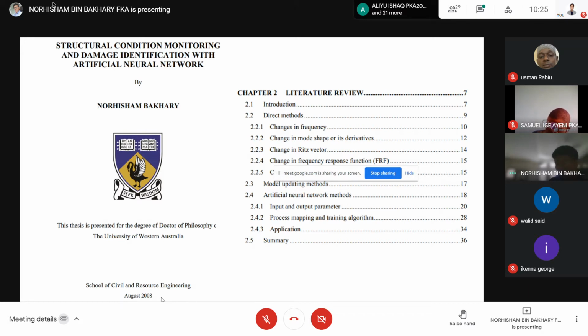Some students always want a simple topic, but the simplest topics nowadays are not valuable in universities. Some universities, when they see a PhD topic, don't want it because they already have experts in their university. For example, in UTM, if candidates come with a PhD topic in concrete, we will reject it because we already have experts in concrete.